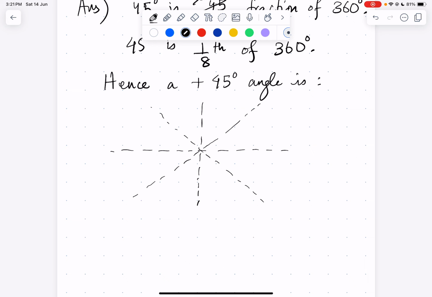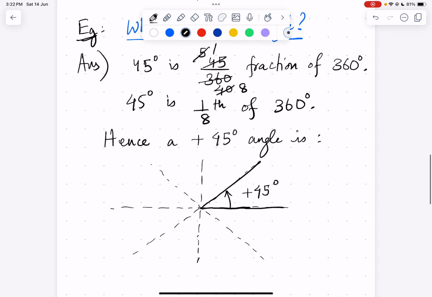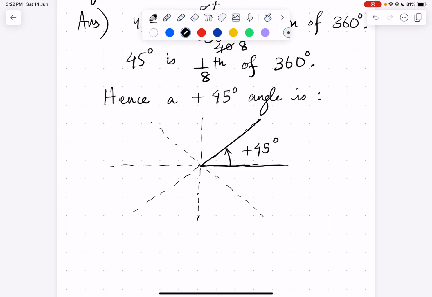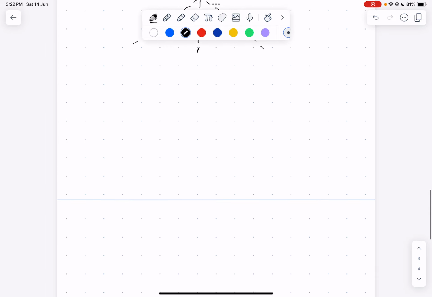Now, once you've divided the full angle into 8 equal parts, this angle is a plus 45 degree angle. 45 degrees is 45 by 360 fraction of 360 degrees. Hence 45 degrees is 1/8 of 360 degrees. Hence this is a plus 45 degree angle. So we'll deal with another example.